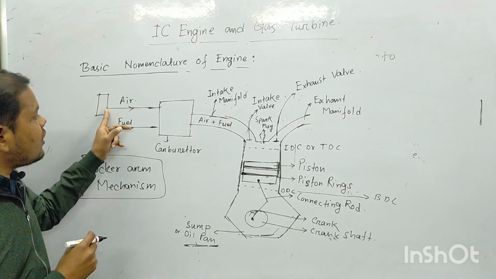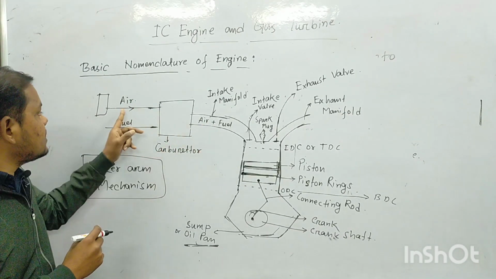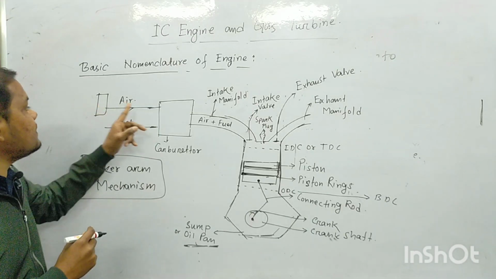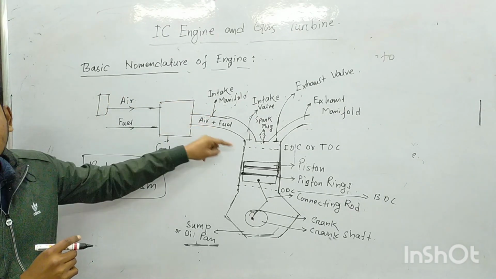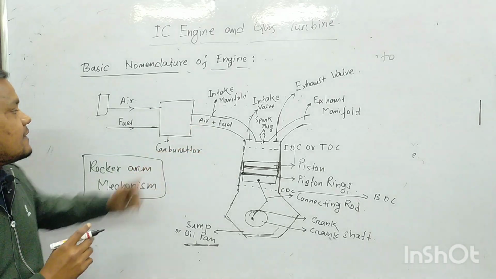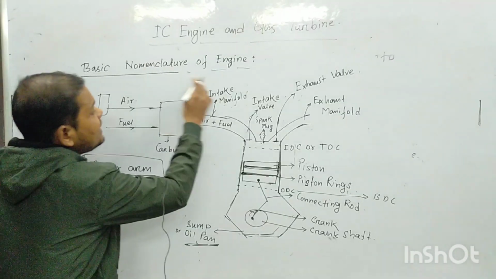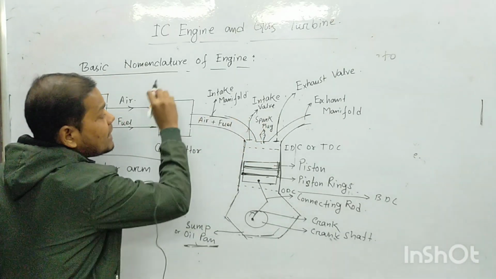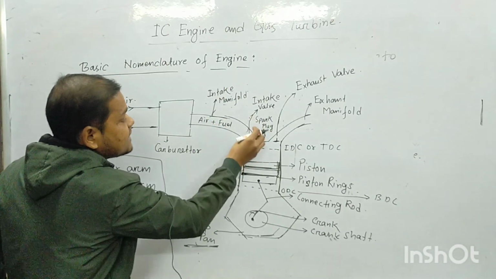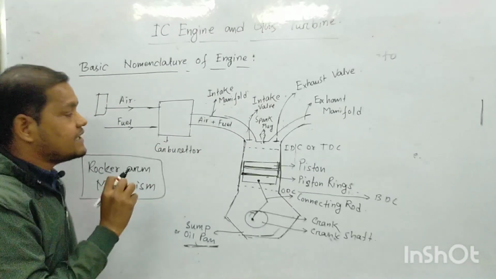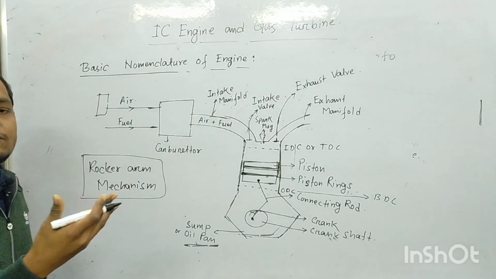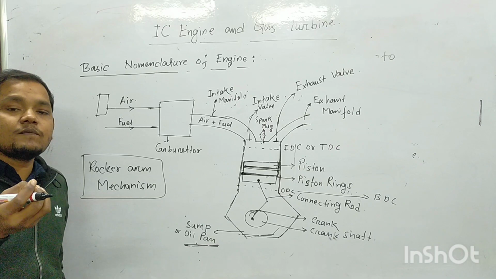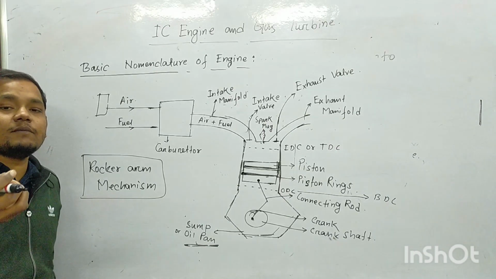In case of a CI engine there will be only the air filter and the intake manifold through which fresh air goes to the cylinder, and fuel is separately injected through a fuel injector inside the cylinder, and the exhaust manifold will act similar to the SI engine.